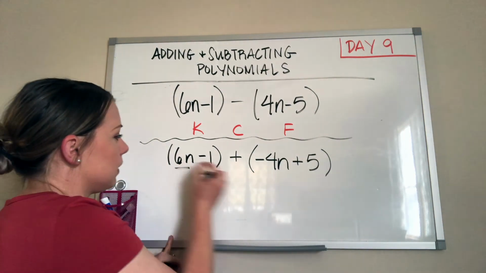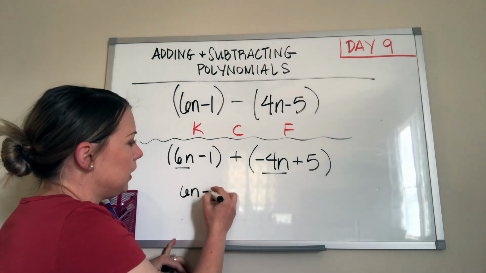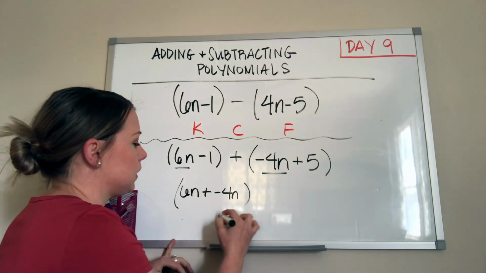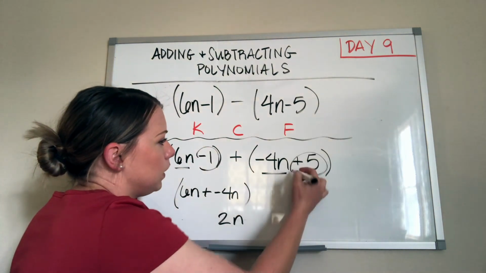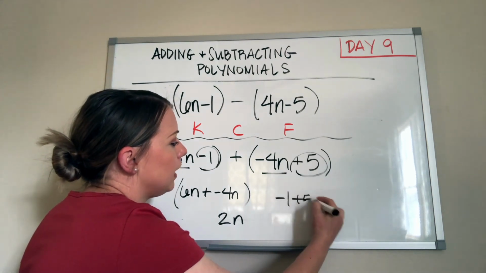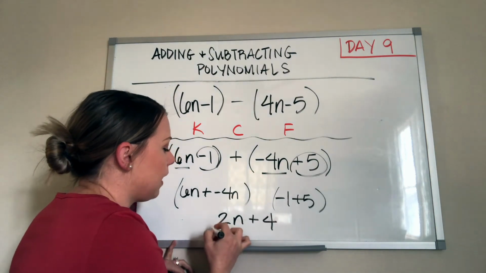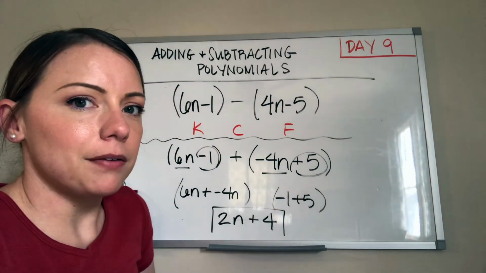So here are the n's that are going to be added together. So I have 6n plus a negative 4n, which produces a positive 2n. And then I have negative 1 plus 5, which produces a positive 4. So I have 2n plus 4. Not too bad, right?